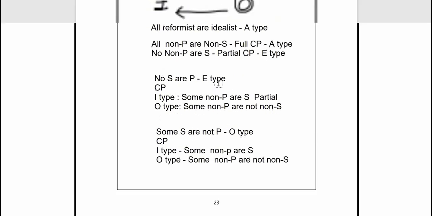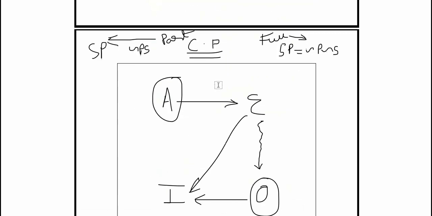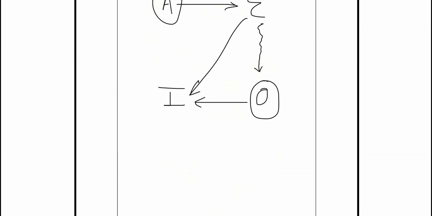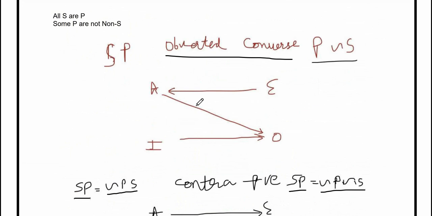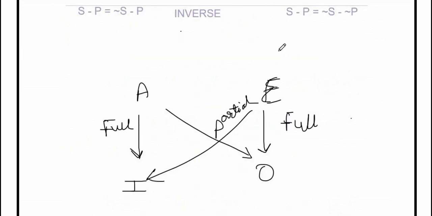So we have converted all types for contrapositive. Now let's move to the final one, inverse. I'll show you the inverse diagram, also a shortcut diagram that I've made. It's a very simple diagram, in fact much simpler. In inverse, just cross out A like this.